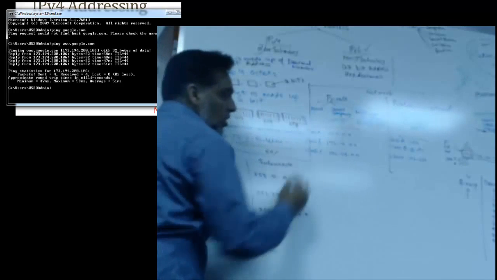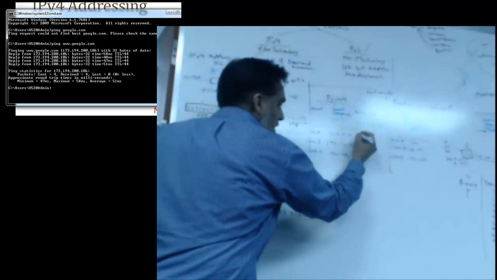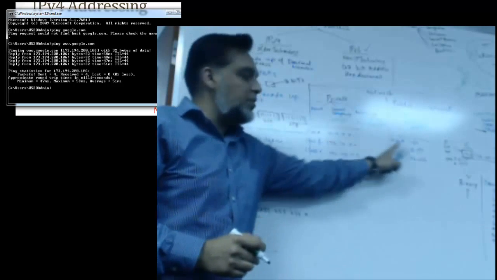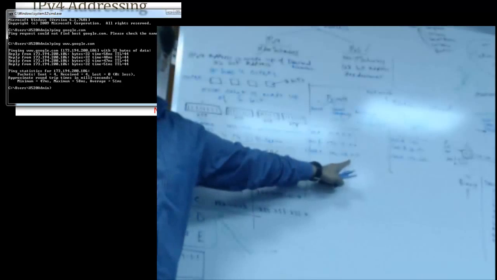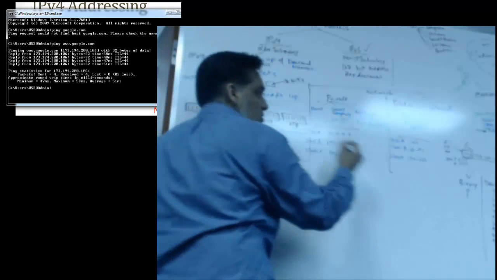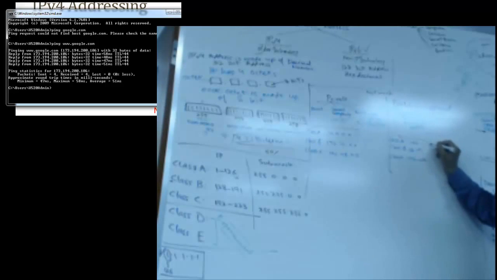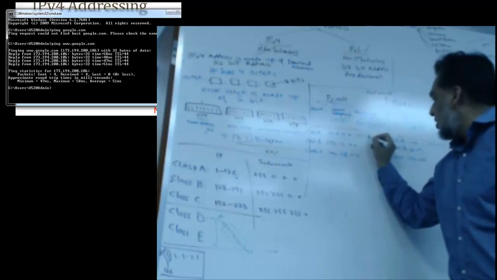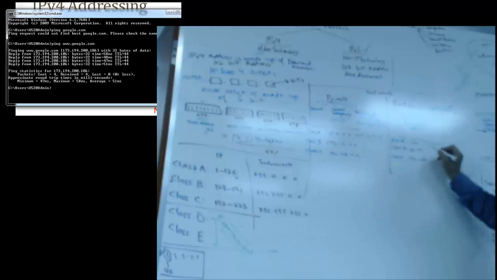Guys, I'm going to come back to here. The one common thing in both of them, as you can see, even though it is different in IP addressing, is their subnet mask. The subnet mask of class A is 255.0.0.0, and here it is also 255.0.0.0.